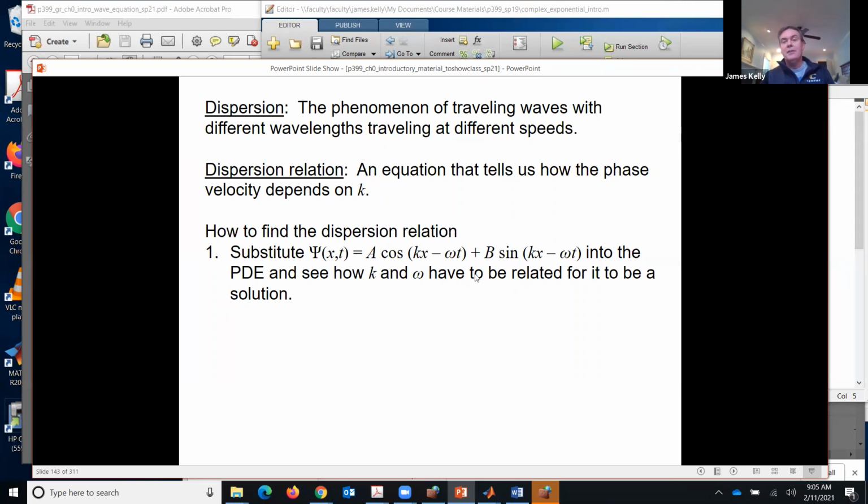Okay. So to find the dispersion relation for the classical wave equation, we would substitute this expression, or even just the cosine part of it, in and see that to make the left-hand side and the right-hand side of the wave equation equal, k and omega have to be related a certain way. And we already saw what that was before.